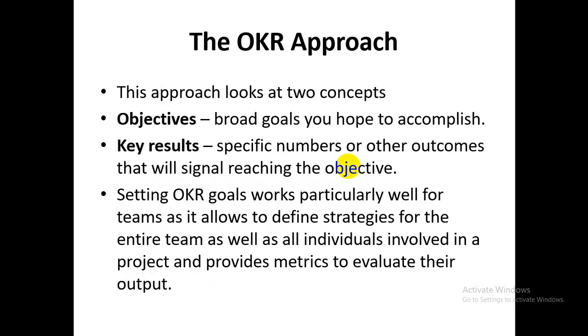The second one is the OKR. The OKR stands for two things. One is the objectives, another one the key results. With the objectives, we are looking at the broad goal, while with the key results, we are looking at the number of outcomes.